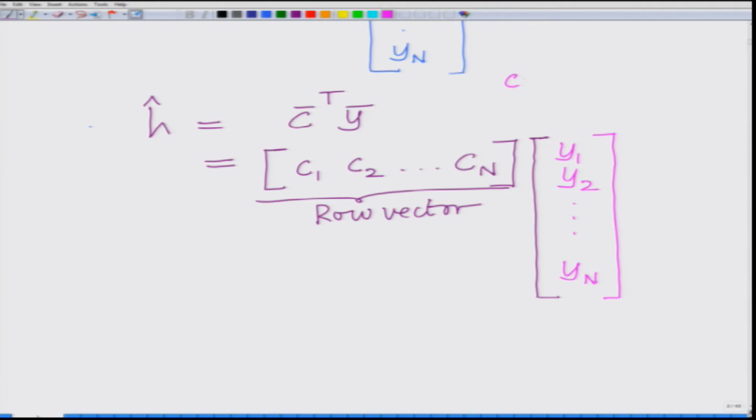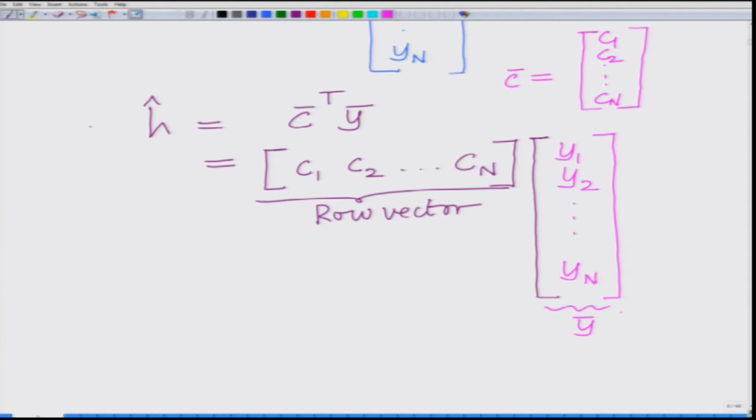Recall C bar is defined as a column vector C1, C2 up to Cn. Therefore, C bar transpose is naturally an n dimensional row vector, and y bar is an n dimensional column vector.